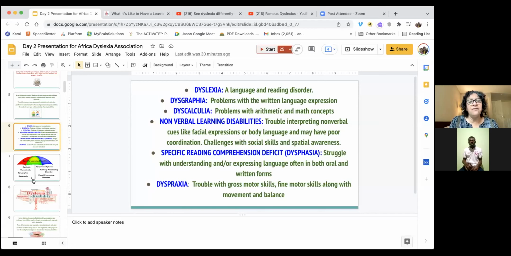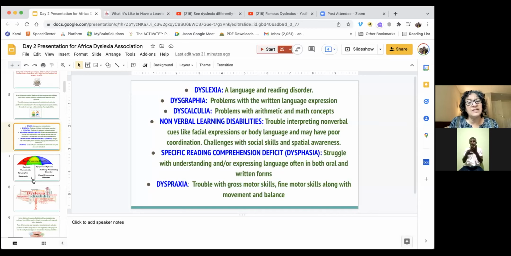Some part of nonverbal learning disabilities is also connected with the perceptual motor areas of development, but there is no language part involved. So we can group those as challenges with the cognitive or the motor skills also.